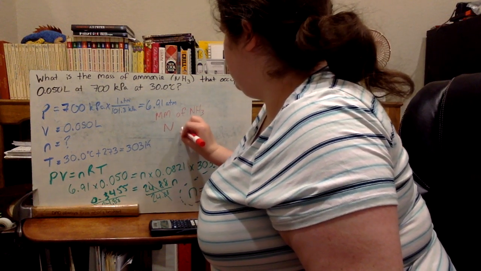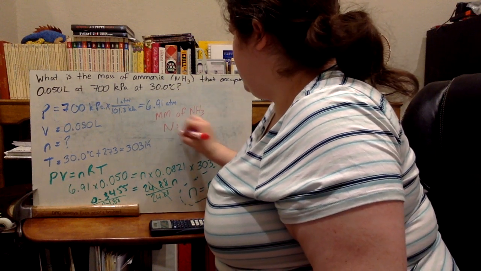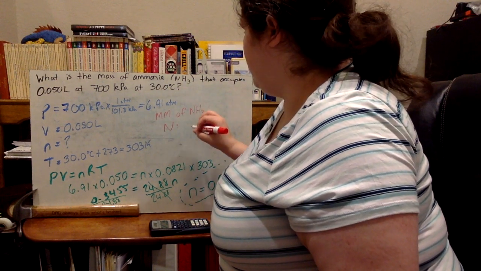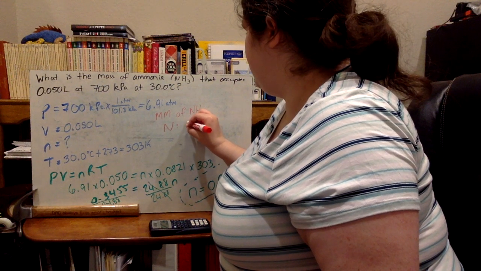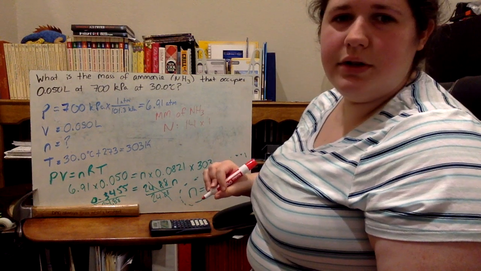Nitrogen, we have 1 nitrogen. Each nitrogen has a molar mass of, I believe, 14.